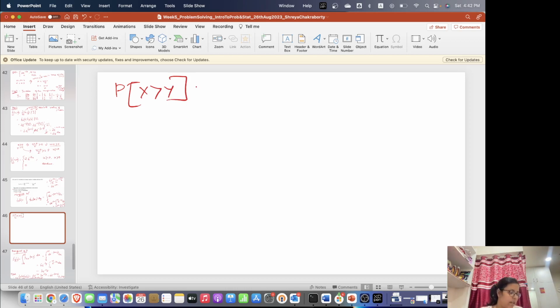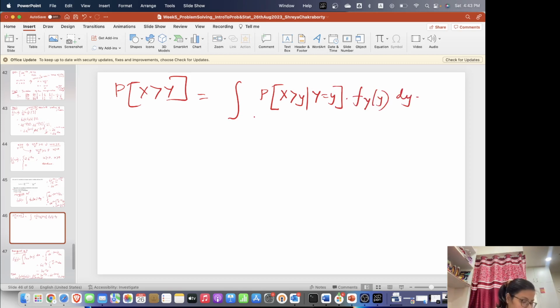So this one we can write it as, we'll fix y. By theorem of total probability, the integral over 0 to infinity of probability x greater than y given Y equal to y, into f_Y(y) dy.